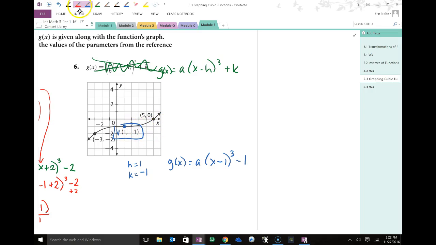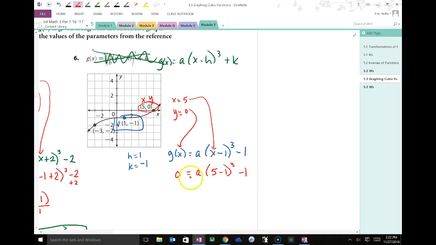So I'm going to use this point as my x and y. My x value is 5 and my y value is 0, so I plug 5 into the x and 0 into the y, or my g of x. So 0 equals a times (5 minus 1) cubed minus 1.